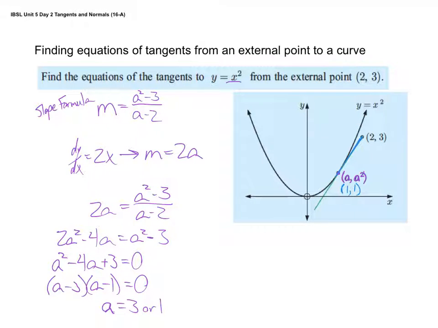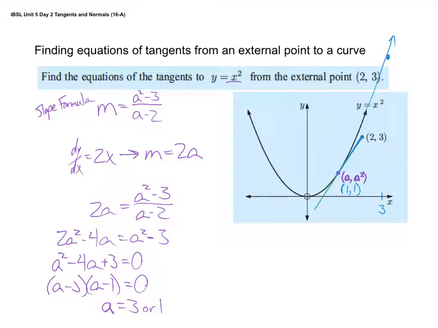Well, if a is 3, what point would that put me at? 3, 9, which is over here, like way up here, right? And here's the continued x squared graph. The slope would equal what? 6. 6, all right?